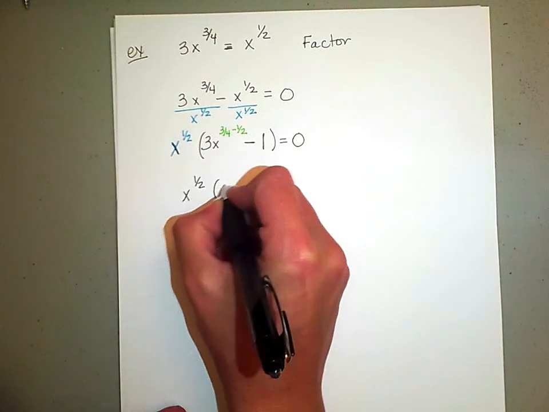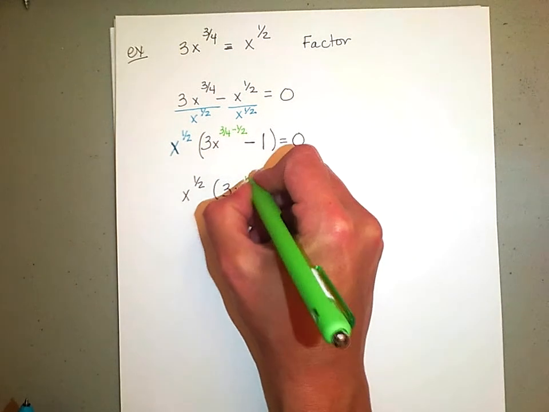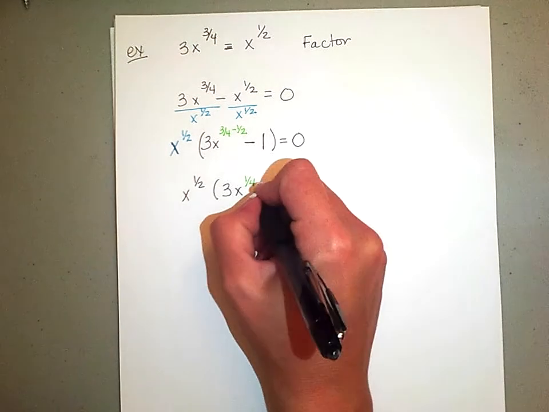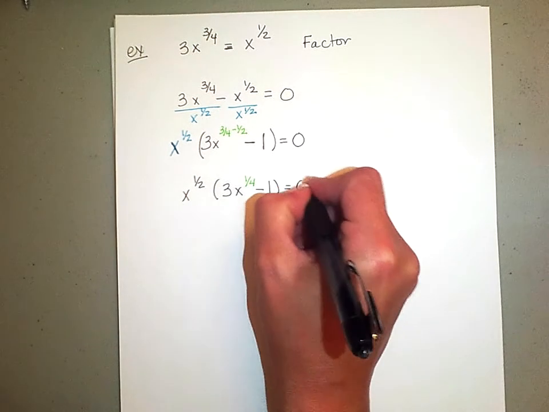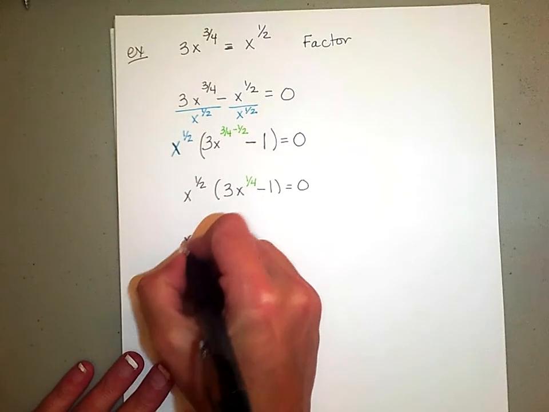So this is x to the 1/2 times 3x to the 1/4 power. 3/4 minus 2/4 is 1/4. Minus 1 equals 0. Now this is factored, so we can again split it up.